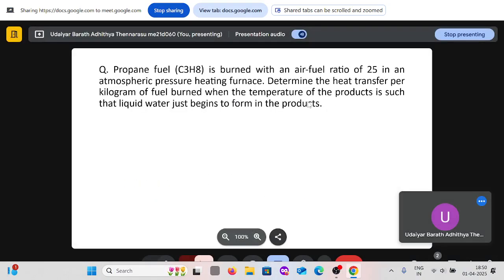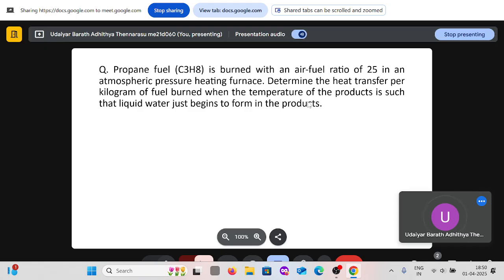The next question is, we have propane fuel in an atmospheric pressure heating furnace, and we need to determine the heat transfer per kilogram of fuel burned when the temperature of the product is such that liquid water just begins to form in the product.